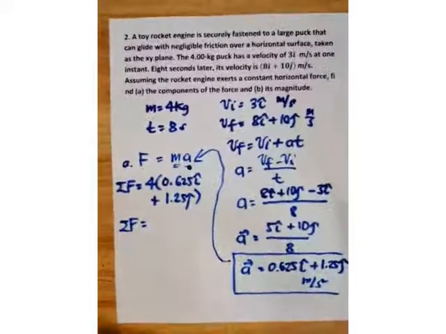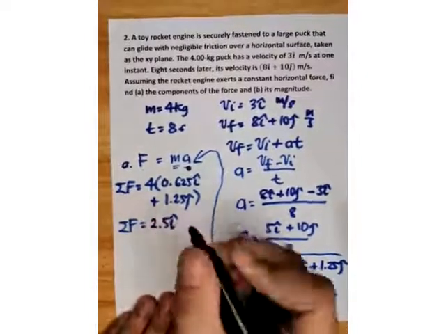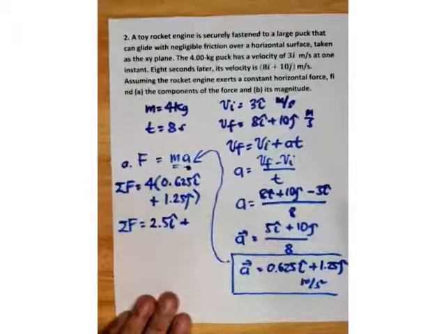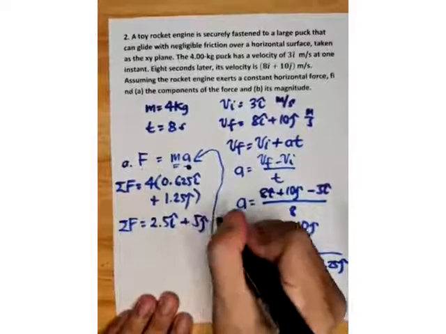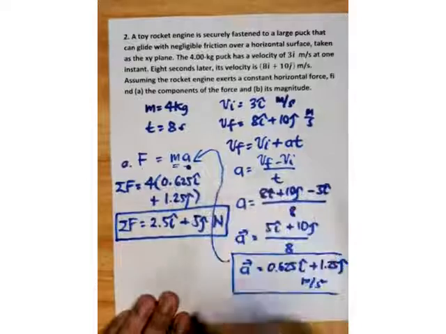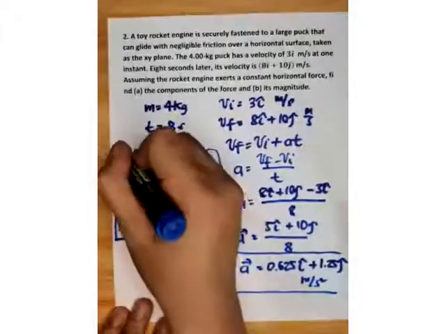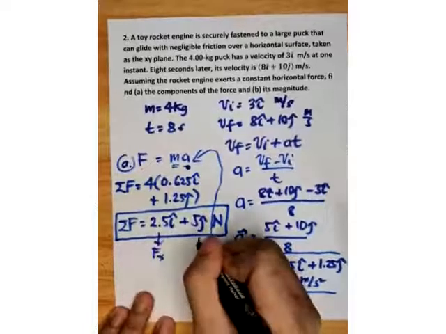The components: 0.625 times 4 is 2.5i hat plus 5j hat newtons. So this is our F of x, and this is our F of y.